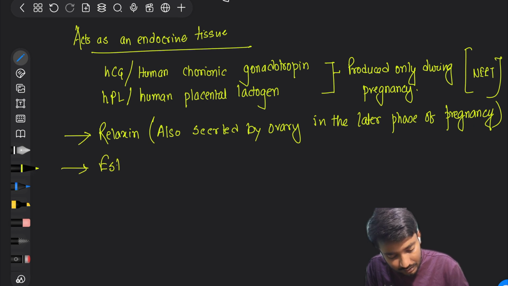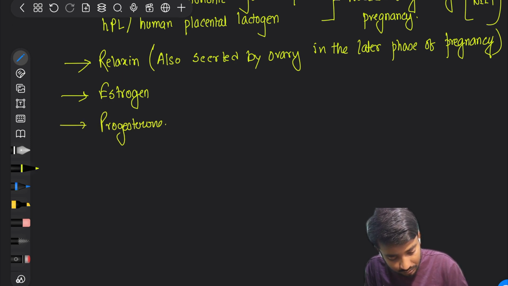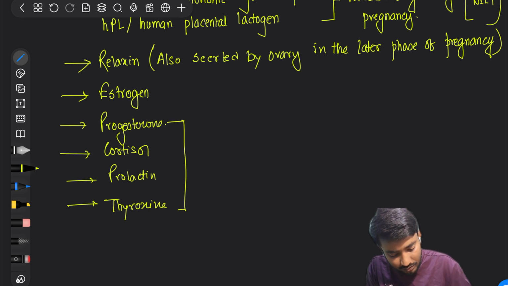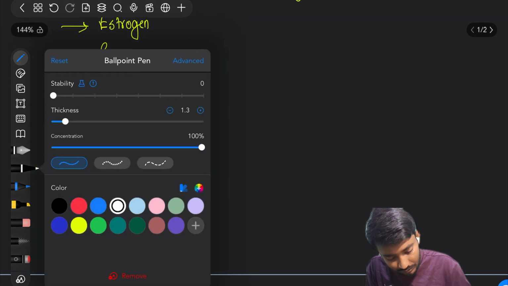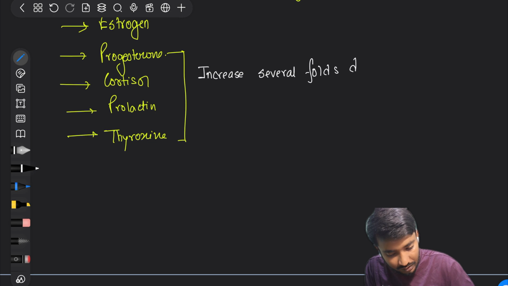Relaxin, estrogen, progesterone, cortisol, prolactin, thyroxine. So from progesterone to thyroxine, it increases several folds during pregnancy.